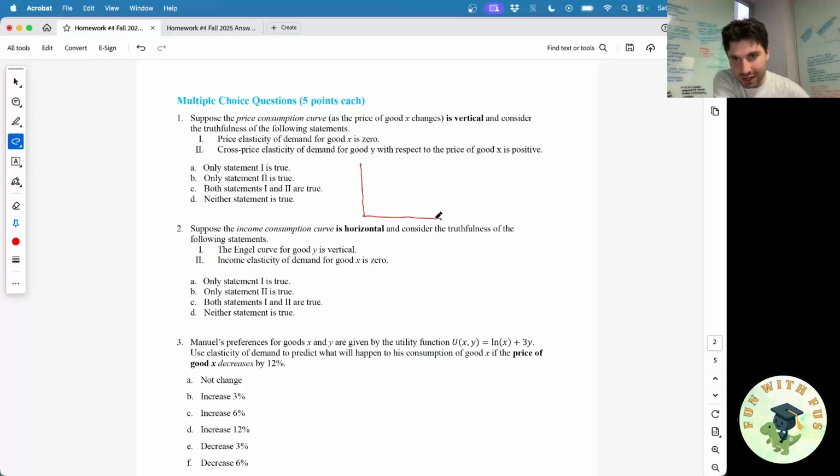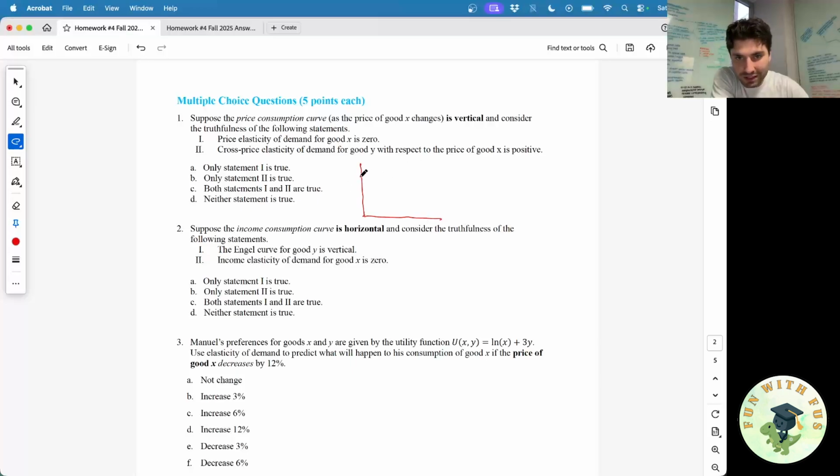We're covering income and substitution effects, which I don't really have a conceptual 2-second spin on, other than these are what goes into you making decisions. But a lot of it pulls from the demand stuff we did last time on homework 3. So hopefully it's not too much different.